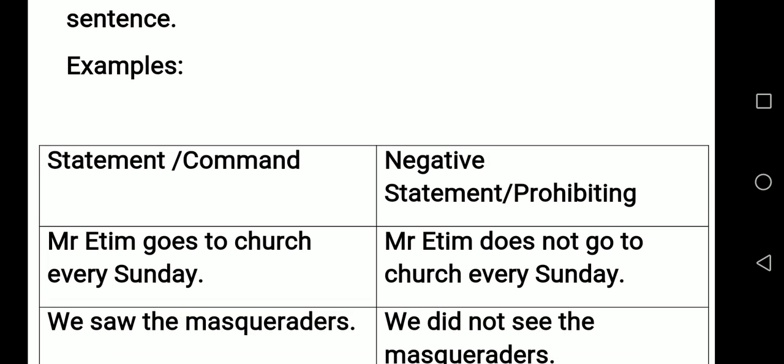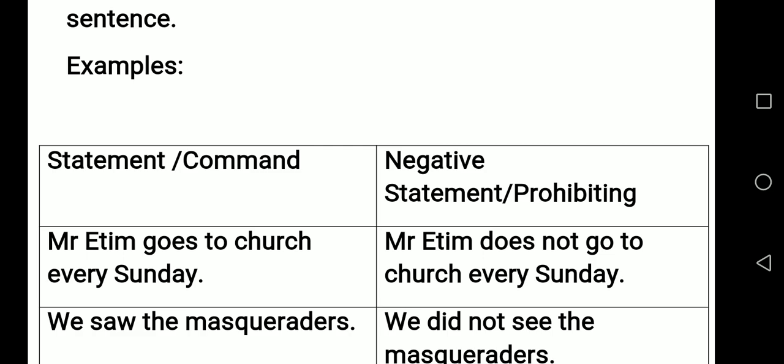Mr. Etim goes to church every Sunday. Mr. Etim is the subject here, goes is the main verb, church is the object, and every Sunday is the adverbial. There is no auxiliary verb in this sentence.